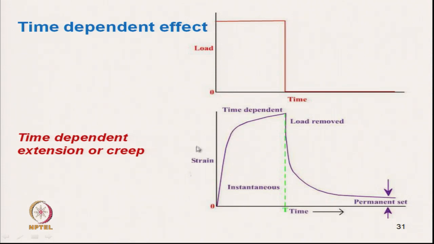This is the zone where the material will get extended instantaneously. Then after that it will not stop here, it will keep on extending. If we see in a normal load elongation curve, for that particular load value the extension could be up to this point.